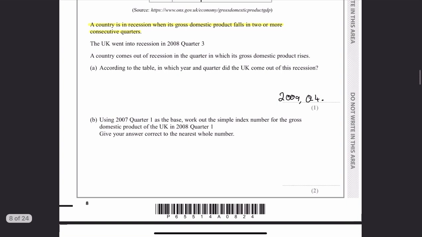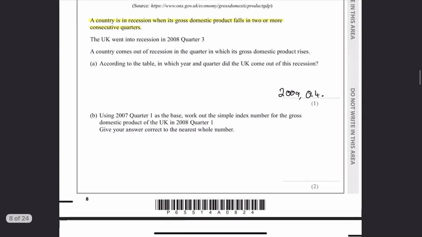Using 2007 quarter 1 as the base, work out the simple index number for the gross domestic product of the UK 2008 quarter 1. Give your answer correct to the nearest whole number. So to find your simple index number, you take the year you're trying to find out, let's call it GDP price, something like that.